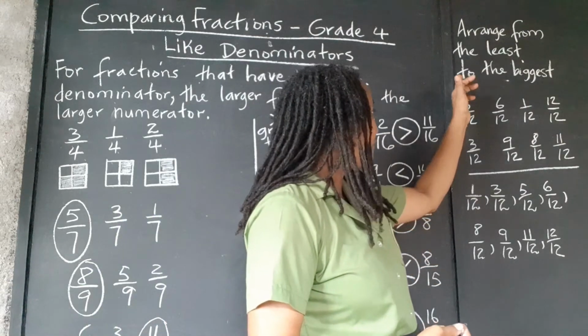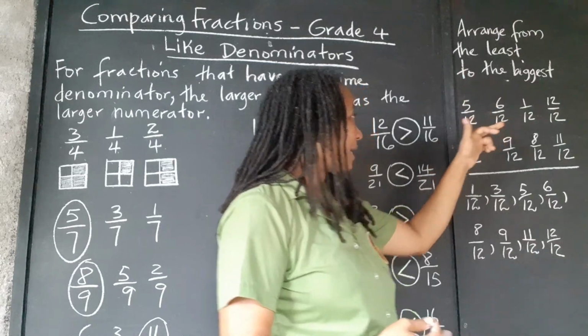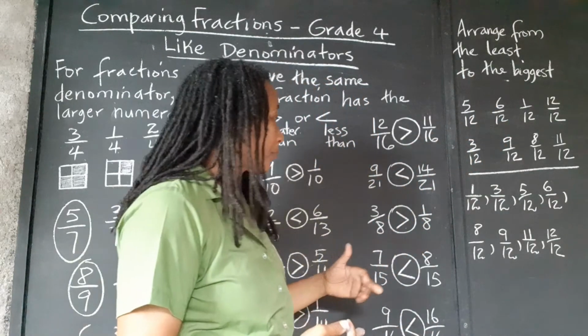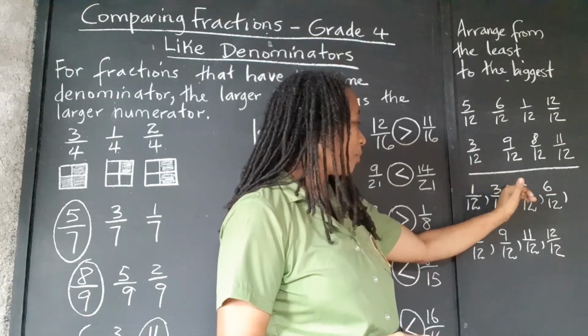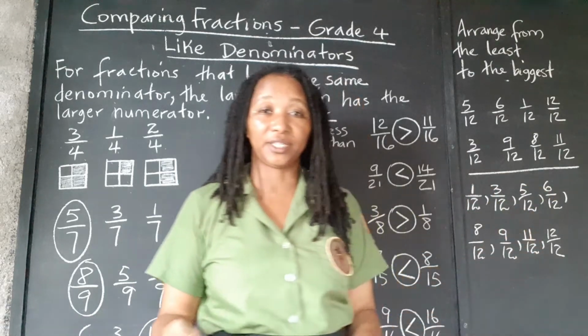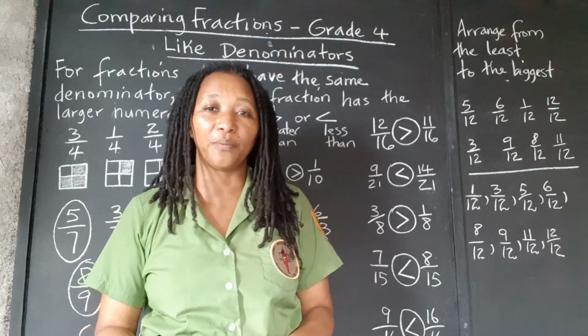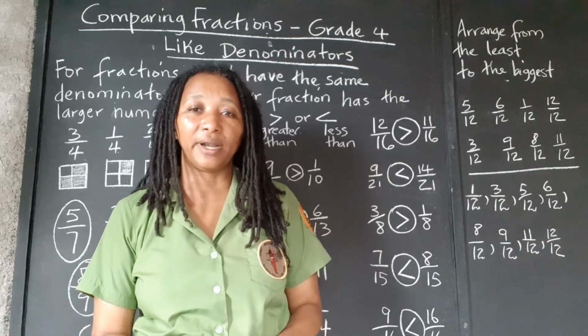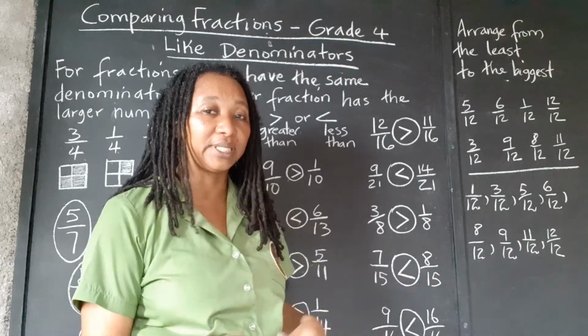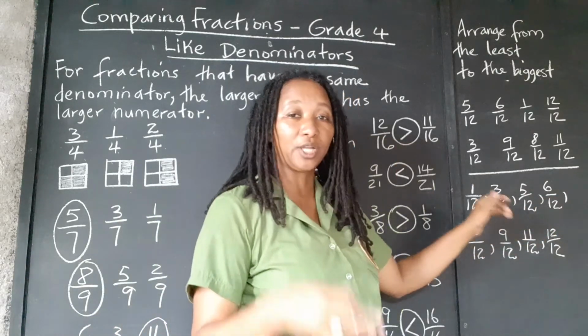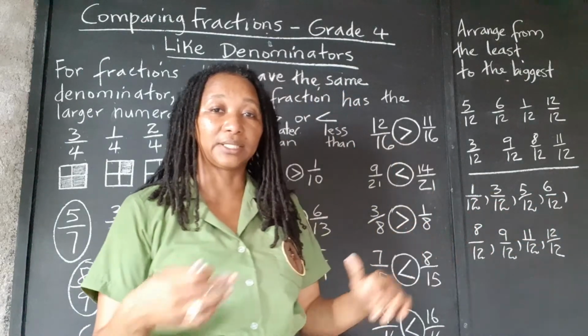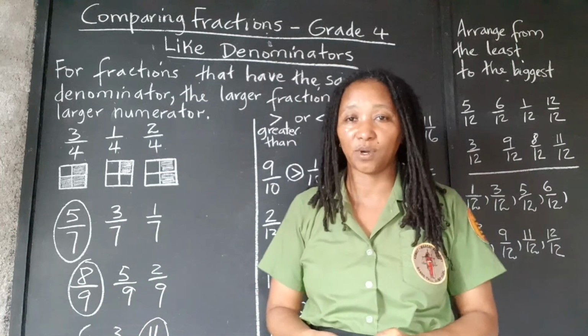If it is from the least to the biggest, that would be ascending order. So you would start with the smallest numerator, keep going up until you get to the largest. If they want you to arrange from the biggest to the least, or descending order, you do the opposite of that. Start with the biggest one and keep going down till you get to the least one, the smallest one.